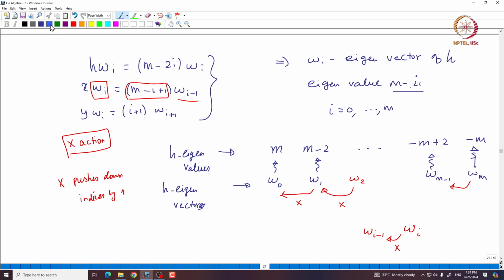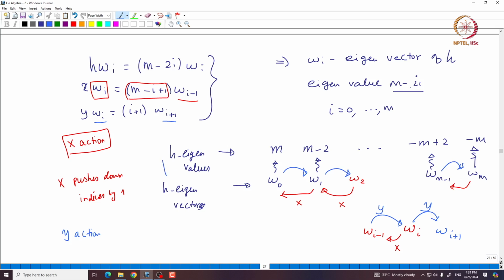Now, let us see how the Y action plays its role. If we take this w_i and apply Y on it, then it pushes w_i to w_{i+1}. That means w_{i-1} is mapped to w_i, and w_i is mapped to w_{i+1}, of course up to scalar. So this is the Y action. Y pushes up, and X pushes down.